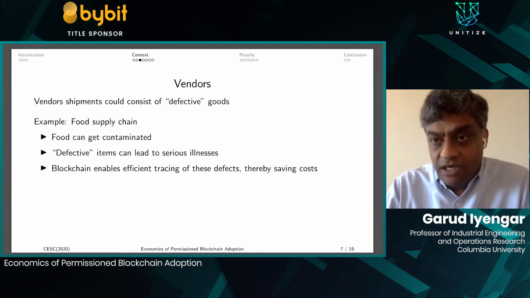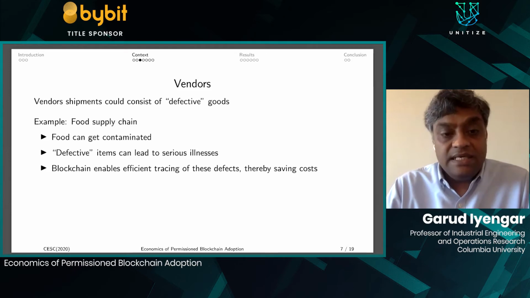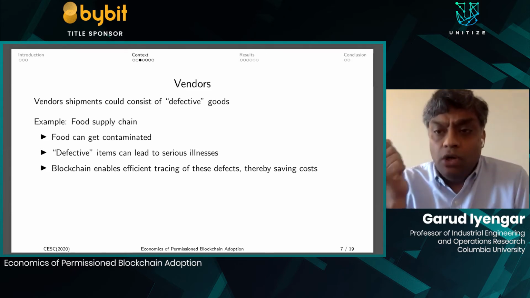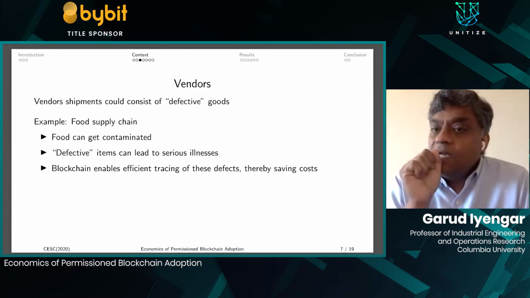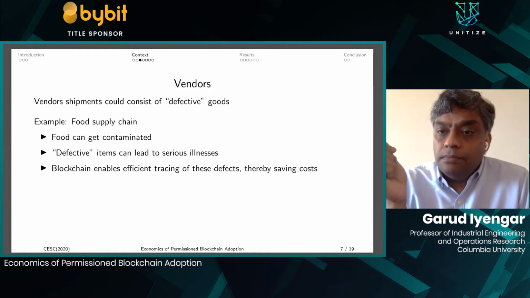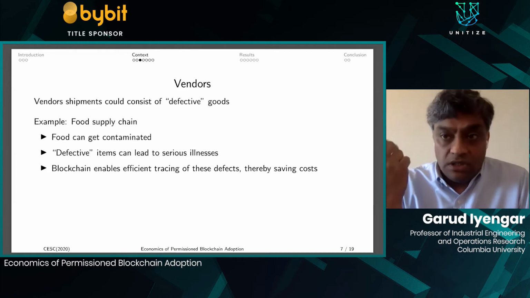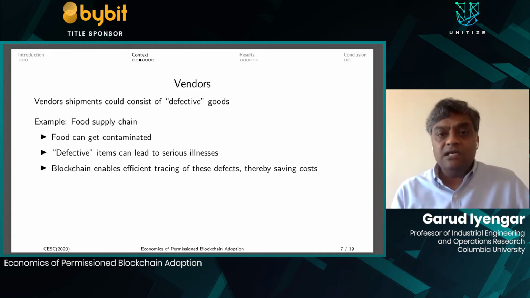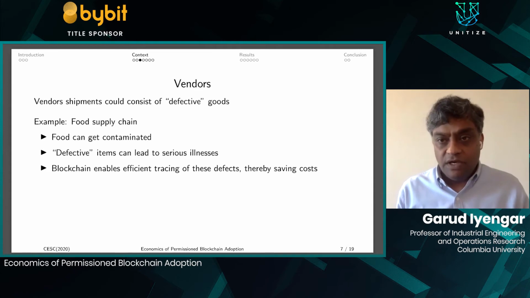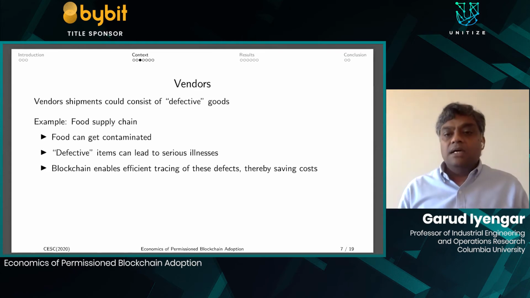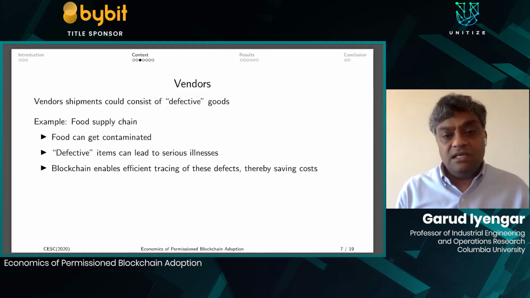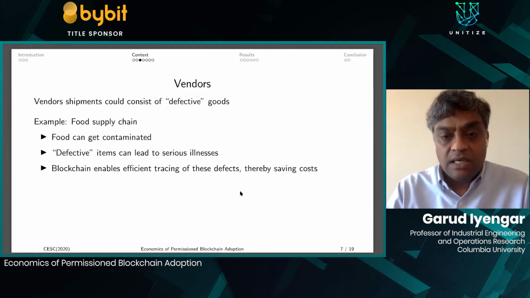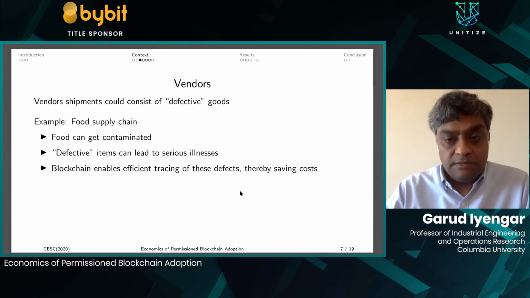And these contaminated items can cause serious illnesses. And even if the cause is often known, trying to do recalls can become expensive because you don't often keep track of exactly which vendor this bunch of spinach came from, what other grocery stores the same spinach was sent to, and so on. So the blockchain enables efficient tracing of these defects and thereby saves costs.